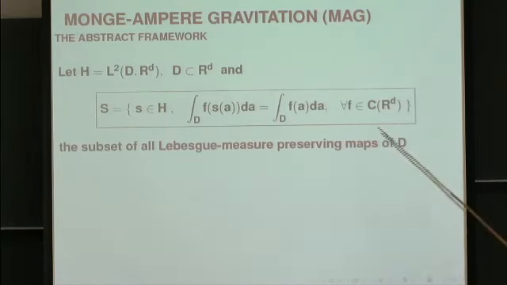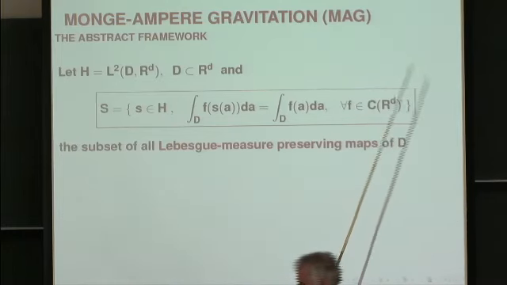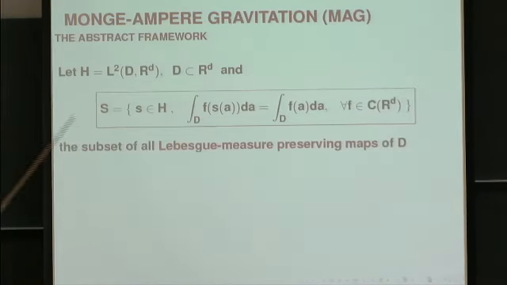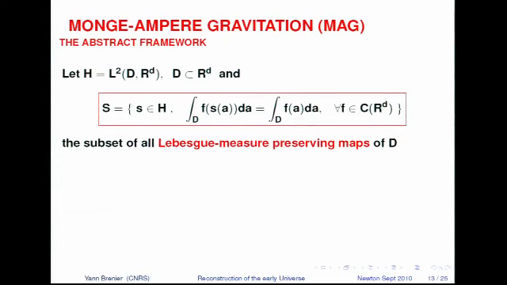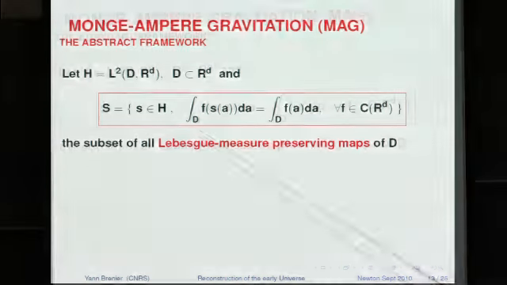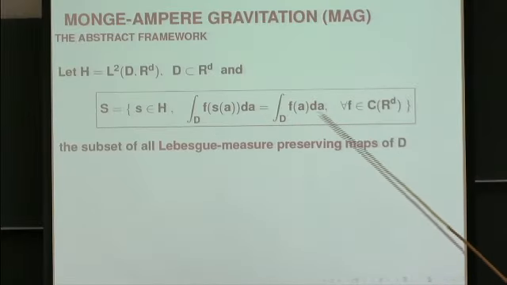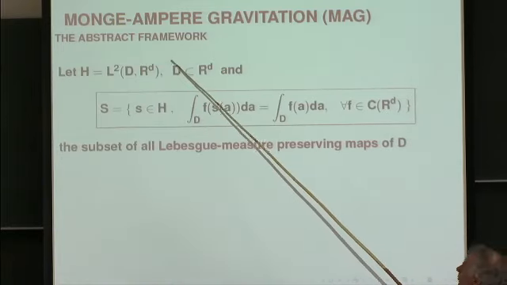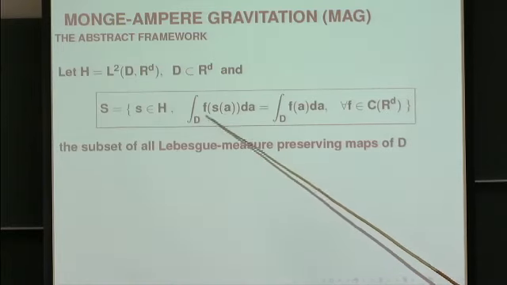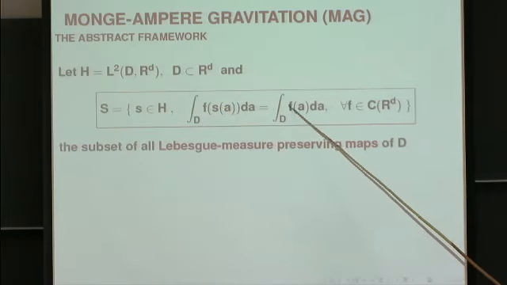In this Hilbert space, I will distinguish a subset, which is the most abstract thing, made of all maps which go from D to D and are volume preserving. A nice way to express this property is to say that whenever I integrate a continuous function f, I assume that D is bounded, the integral of f composed with s should be the same as the integral of f.